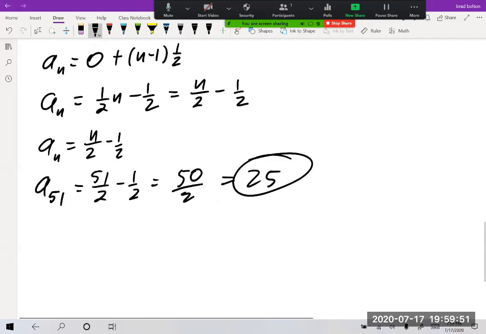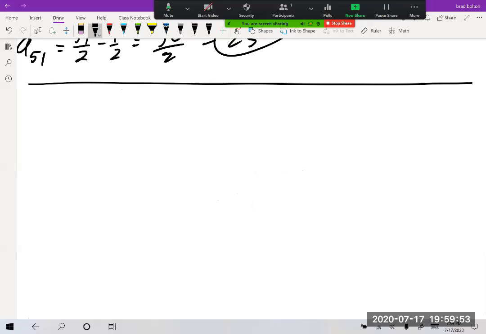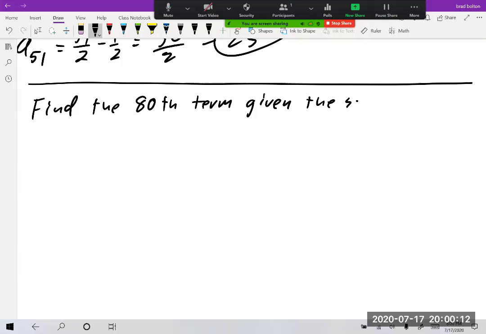Now let's take a look at something a little bit harder, okay? So let's say find the 80th term given the sequence -1, 1, 3, and so on.